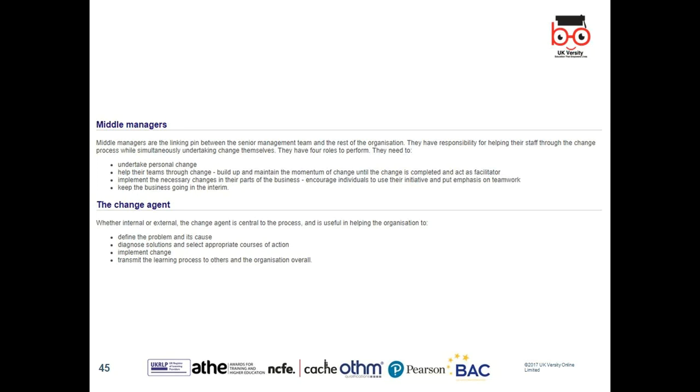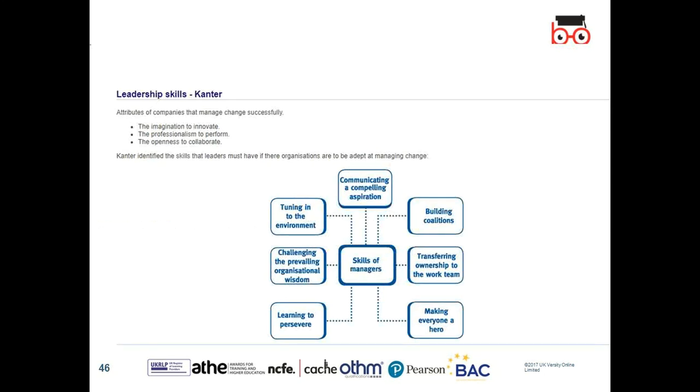Whether internal or external, the change agent is central to the process and useful in helping the organization define the problem and its cause, diagnose the solution, help choose the appropriate course of action, and implement the change. And then the skills and abilities required: imagination to be innovative, professionalism to perform, openness to collaborate. Yes, these are all skills required.